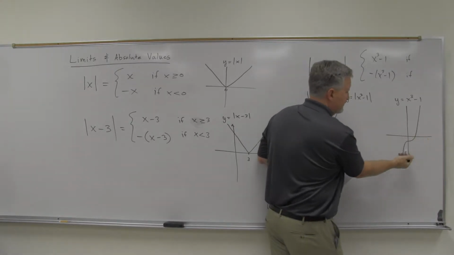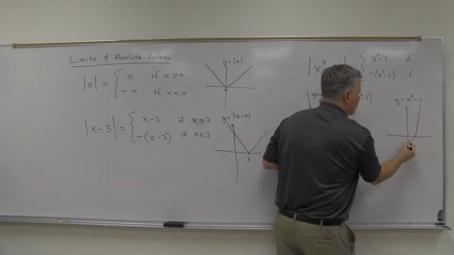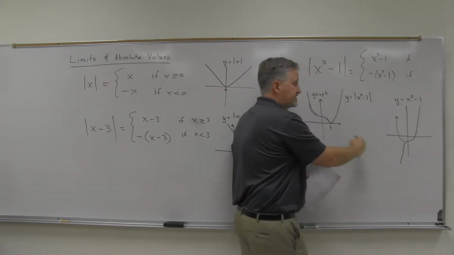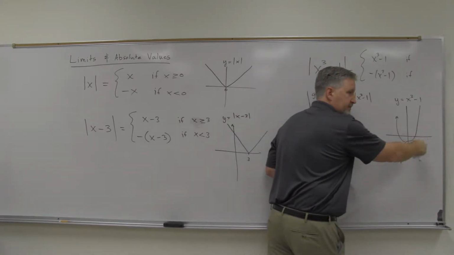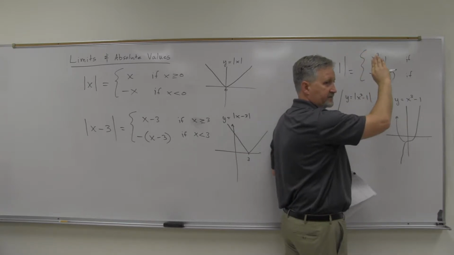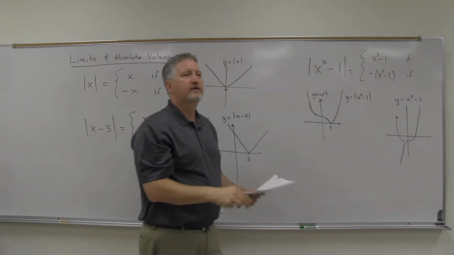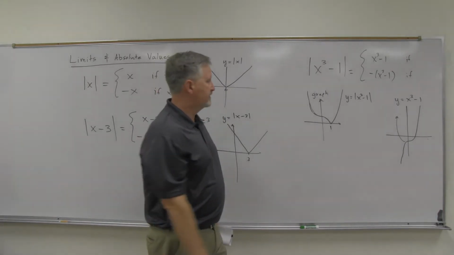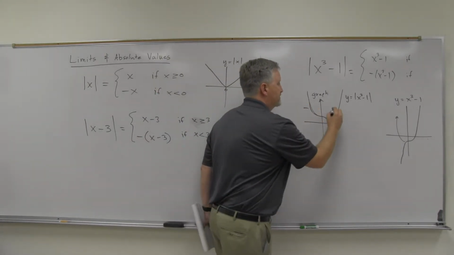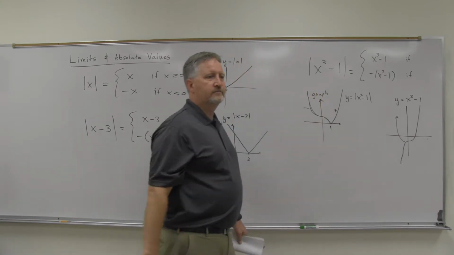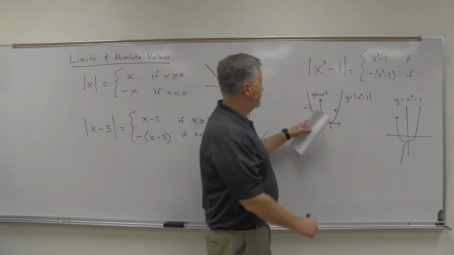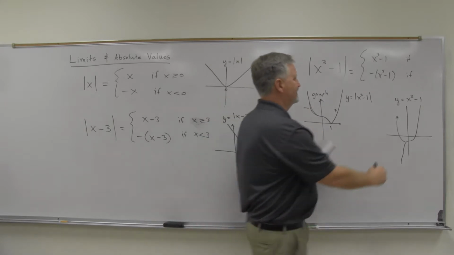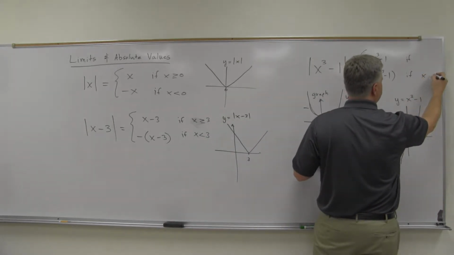So this piece for this graph gets flipped up. This piece is just this piece of this one flipped over the x-axis. That's the piece that gets negated. So in other words, this will be the minus, and this will just be the regular x cubed minus 1. Maybe I should have done it differently, but you see what I'm saying?